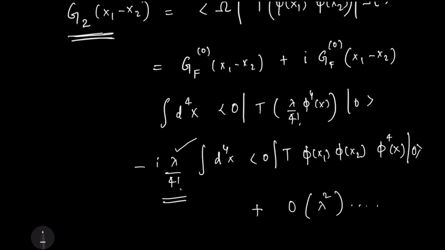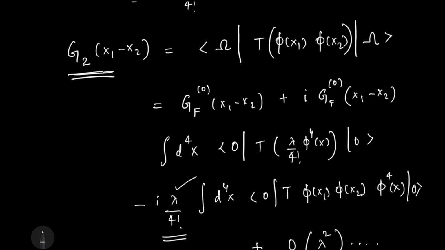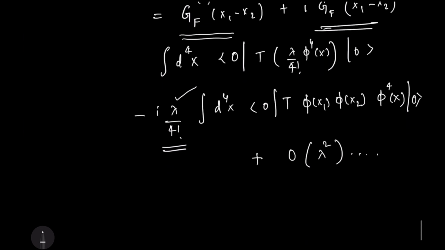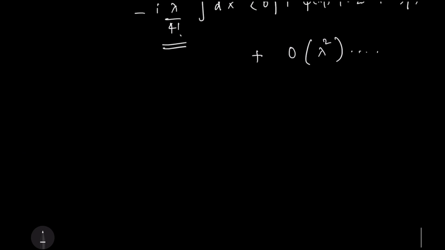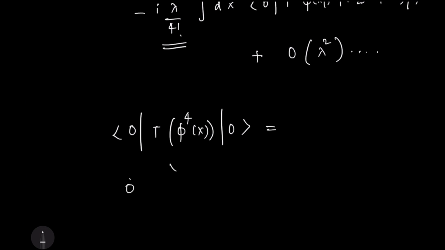All the terms in this expansion can be evaluated by repeatedly applying Wick's theorem. The final results will be of the form sum over products of G_F^0 plus some integrations. For example, if you have the time ordering of phi raised to 4 of x, then there are four phi of x available here. How do you pair?